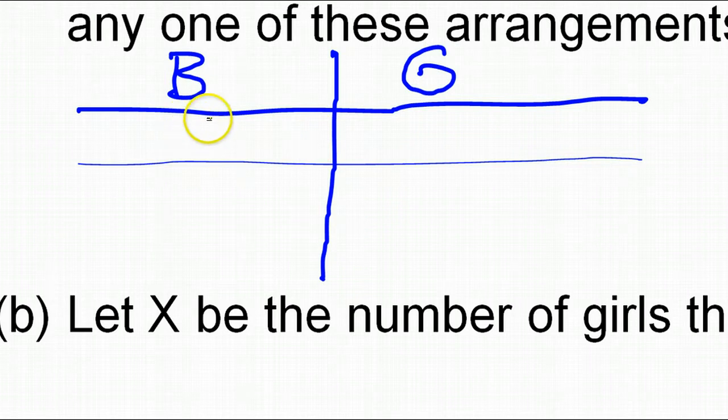So from there, say if you had a boy, then the second child could either be a boy or a girl. Say if the first child was a girl, the second child is either going to be a boy or a girl.